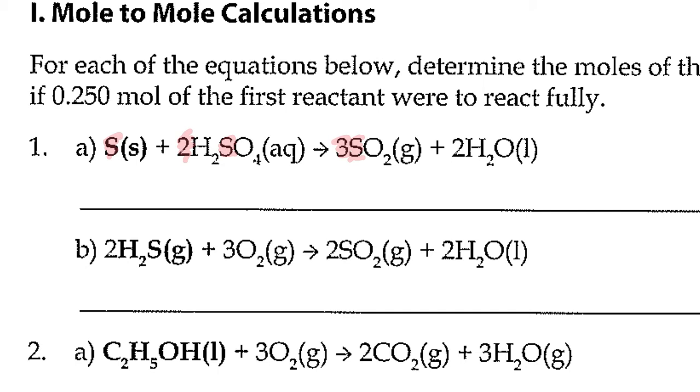And so the idea would be that I've got three S's on the left, three S's on the right, but if I had 300 S's on the left, I would have to have 300 S's on the right as well. All right? So we have an equal number of particles on both sides of any particular reaction.